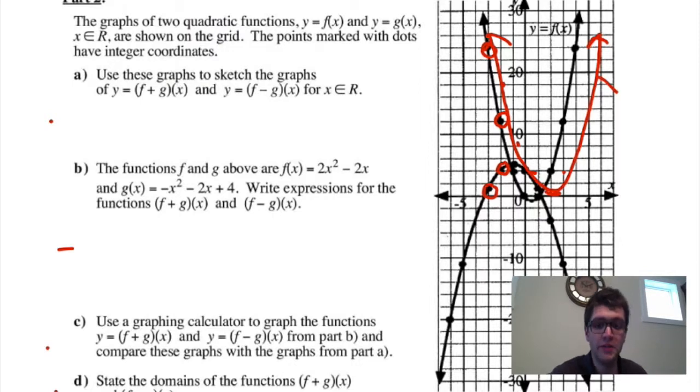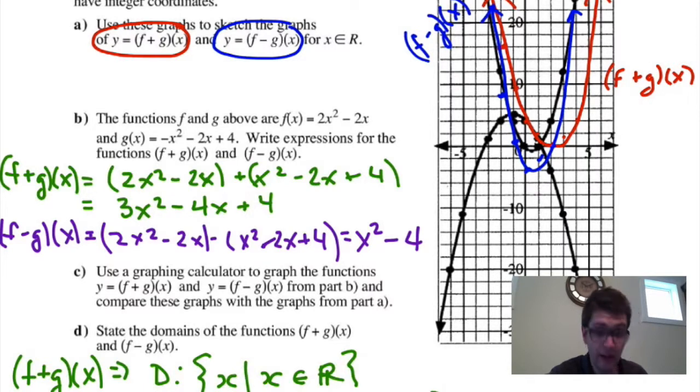Okay, hopefully you're able to do that, and it ends up looking something like this. We have our two parabolas or quadratic functions, and we saw that when we add two quadratic functions or subtract them, they result in another quadratic function.